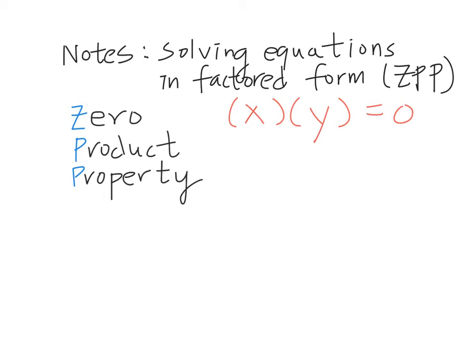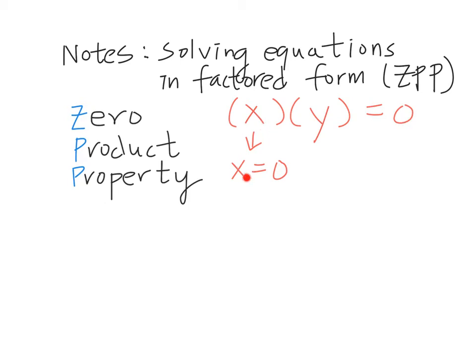What if I make x equal to 0? Does it really matter at that time what y is? Because if x is 0, 0 times y, it doesn't matter what y is. y can be 10, y can be negative 20. Anything times 0 will give you 0.